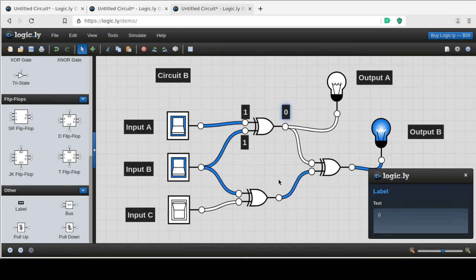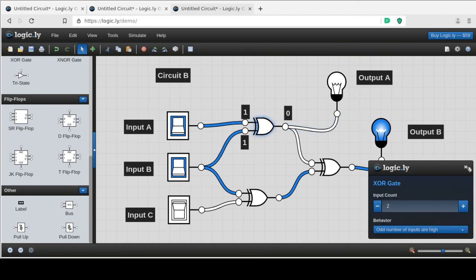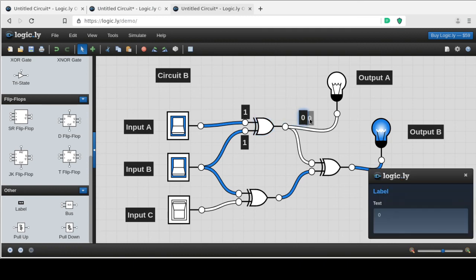Now, where does that 0 go? It goes a couple of places, because it branches right here. See how the output of the exclusive OR branches? That 0 follows the one branch, and it goes to the light. It's fed into the light, and so that light is off.